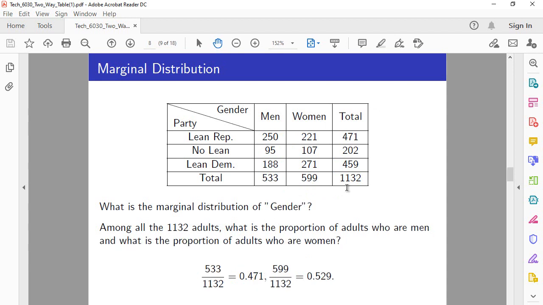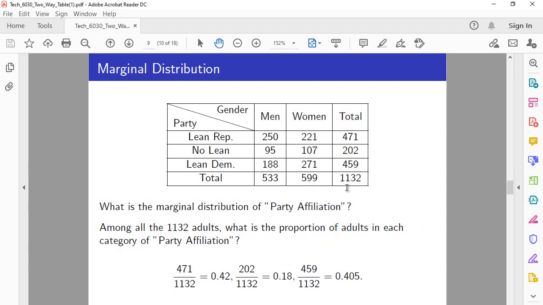Before I do that, here's another question: what is the marginal distribution of party affiliation? Party affiliation has three values, so you need to find the proportion for each of the values. Among all the adults, what's the proportion of adults in each category of party affiliation? What proportion of adults leaned toward the Republican Party? Well, 471 of them. So 471 divided by 1,132, that's 0.42.